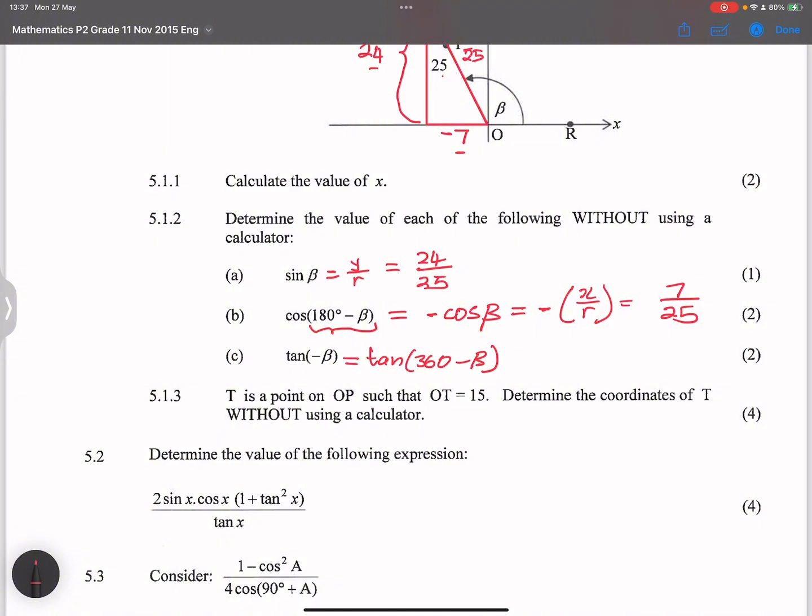So that makes it tan of 360 minus beta. By the way, anytime you add or subtract 360, you're back to the same point. You are just adding a revolution and it takes you back to the same point. So we haven't changed anything. So 360 minus beta is in the fourth quadrant, right?